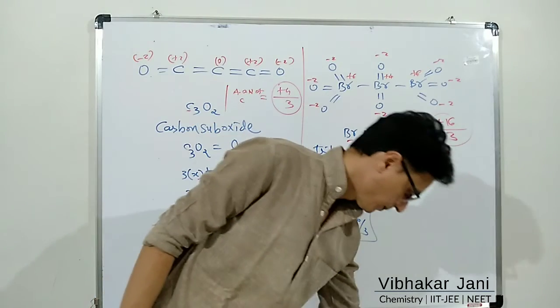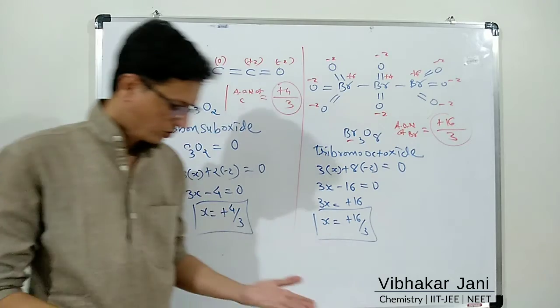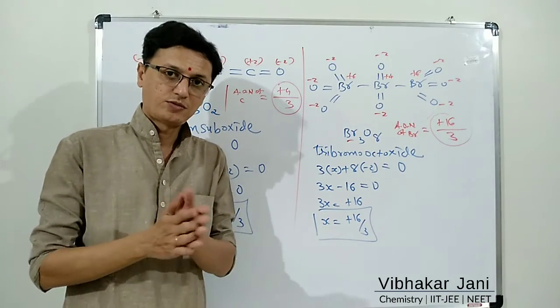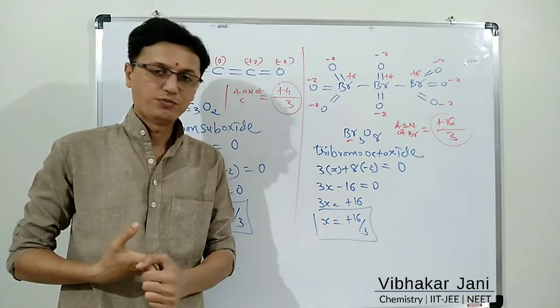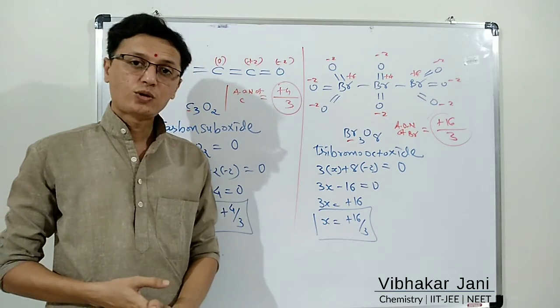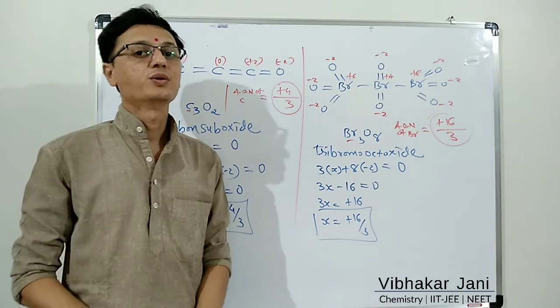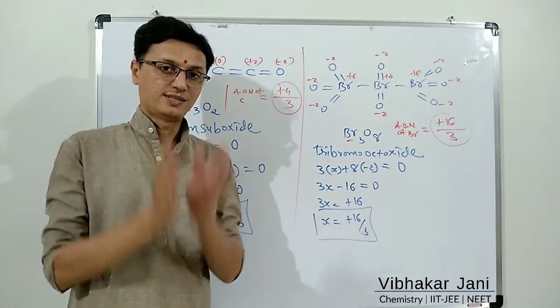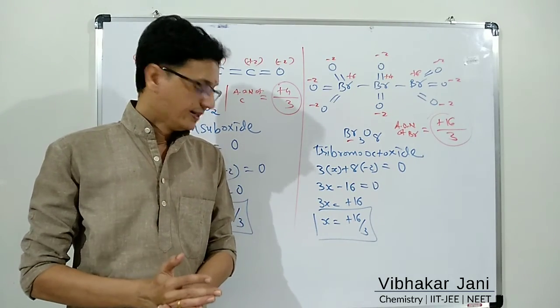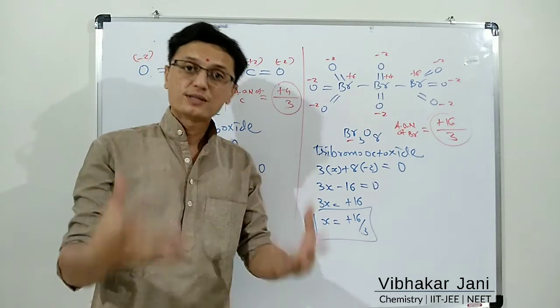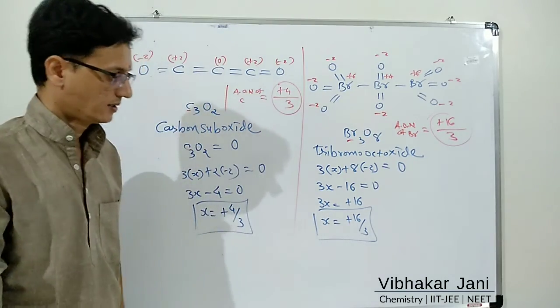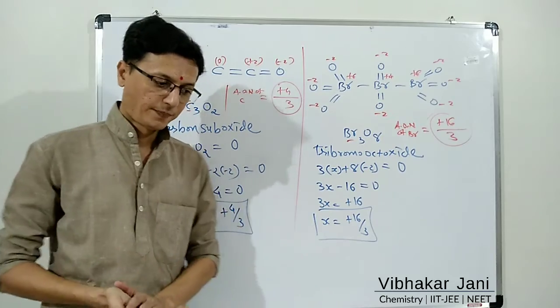Okay, now I think the video crossed the time limit, which is 20 to 25 minutes. So we will stop our discussion at this point, but still one more lecture will be on the calculation of oxidation state. And in that video, we are going to see some more examples about the calculation of oxidation state.